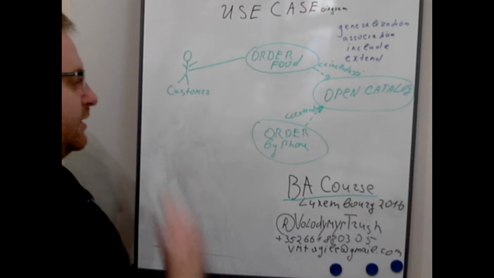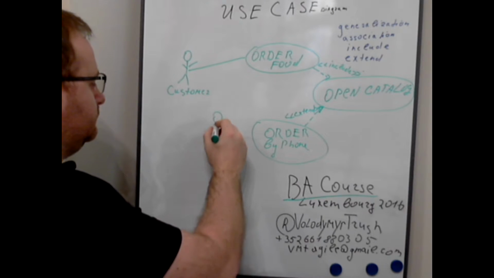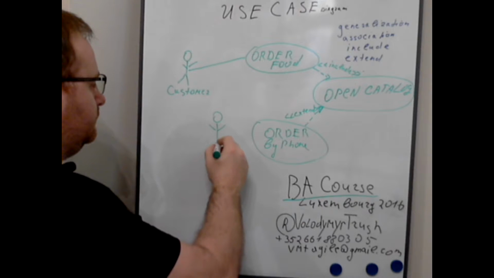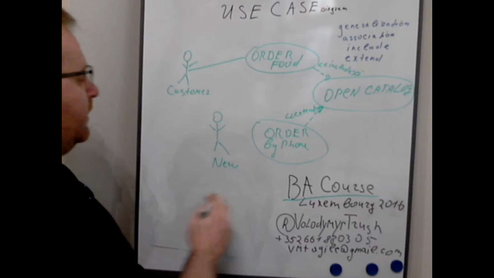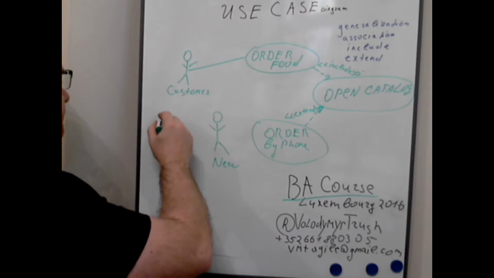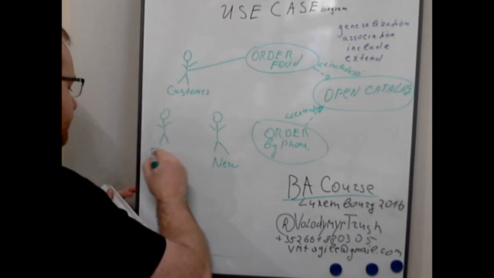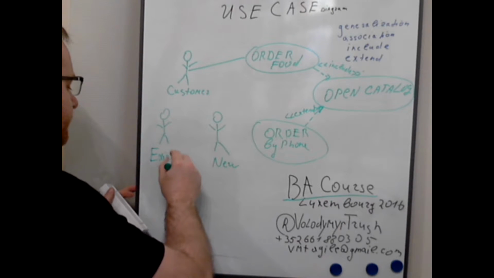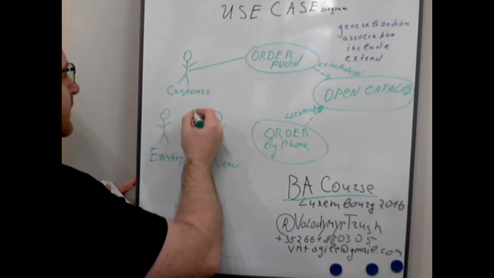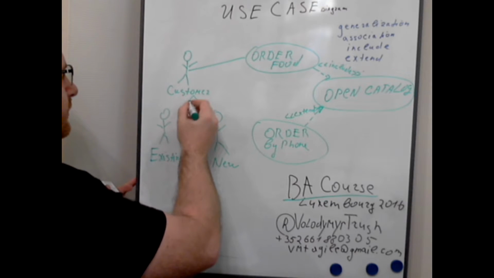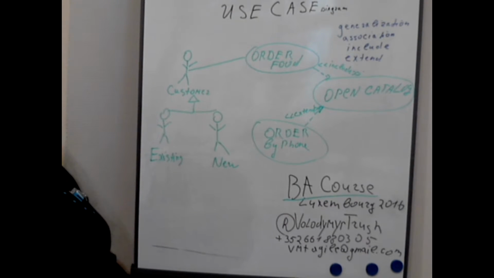For example, customer: new customers and existing ones. In such a case, what we are doing is drawing this type of line. And this is called generalization.